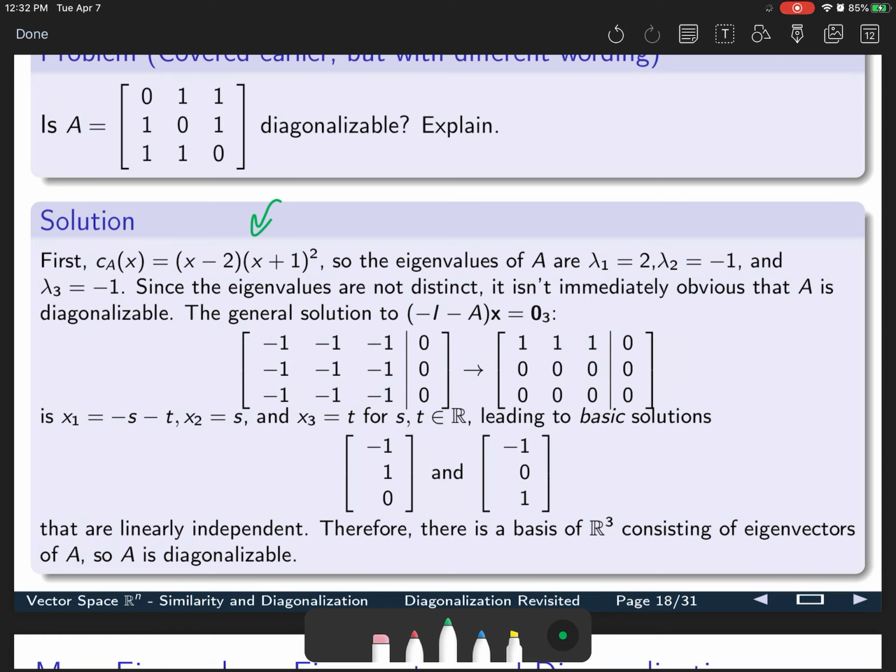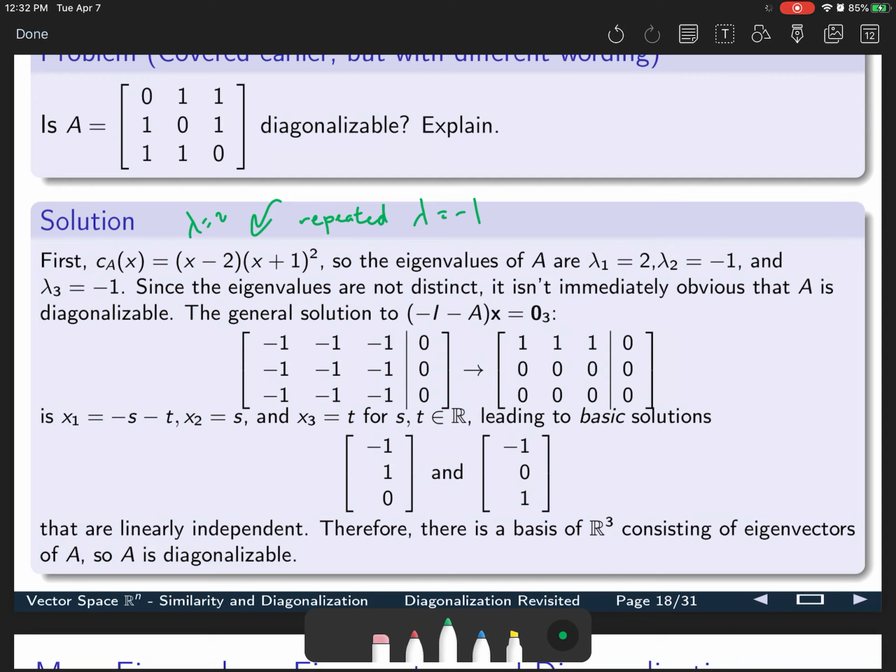That means that we have an eigenvalue of 2 here, and then we've got a repeated eigenvalue of -1 here.